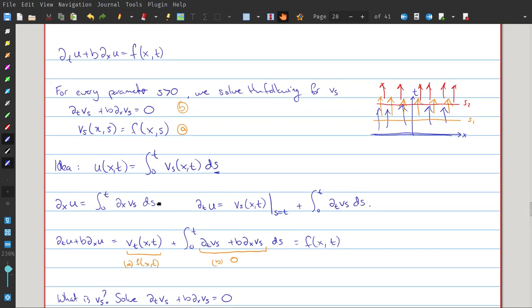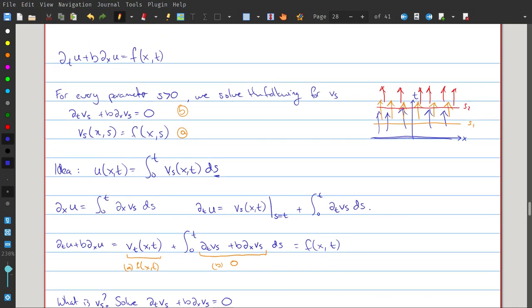And the same idea applies in general. So what did we do? Just to reiterate, we firstly set up a parameter s, and we looked at a system of the same equation but homogeneous with an initial condition determined by the inhomogeneity, and this depends on s.